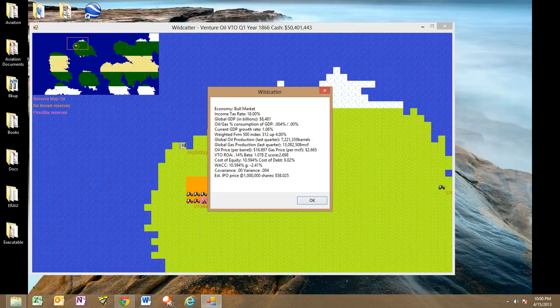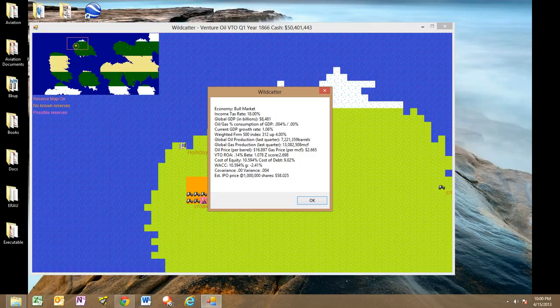Both affect a lot of things in the simulation. Firstly, they affect oil and gas prices because they affect demand. The other thing that affects oil and gas prices is the supply, and there are a lot of factors in the simulation that go into manipulating demand and supply totals to come up with the actual oil and gas price.